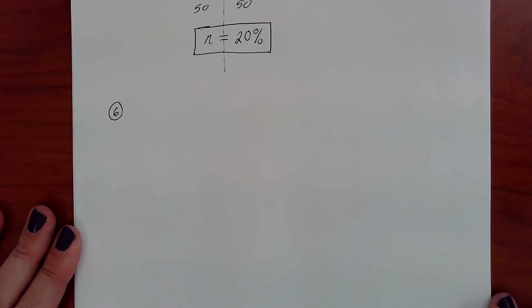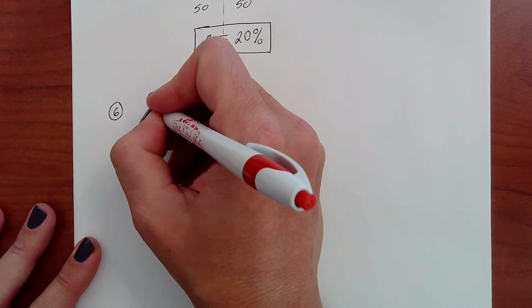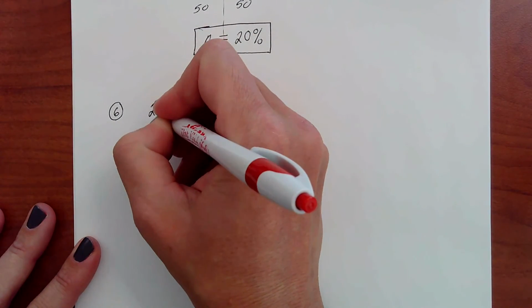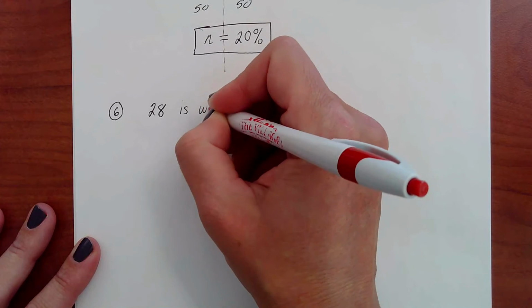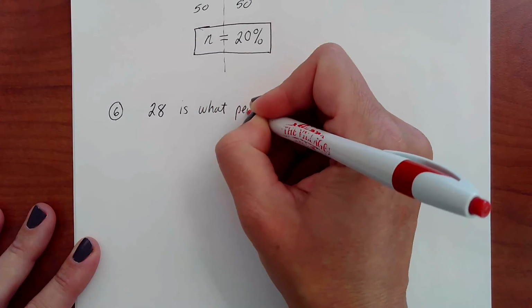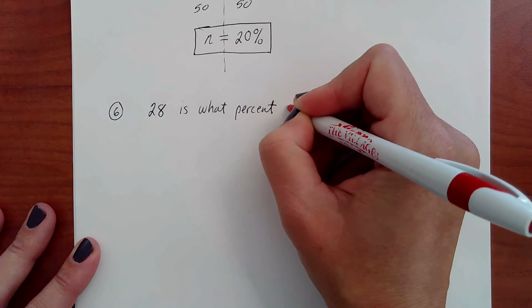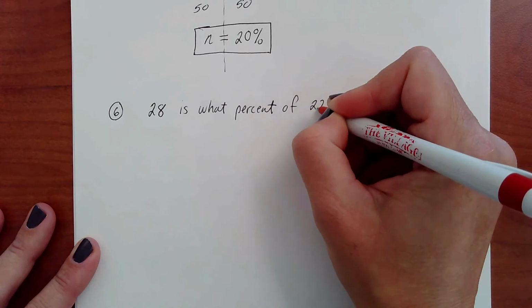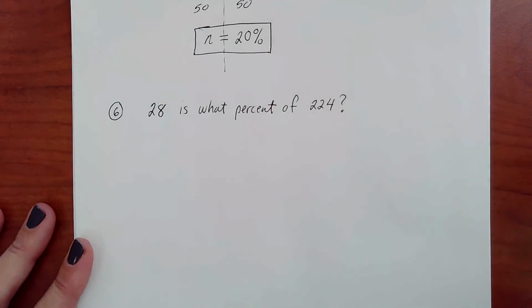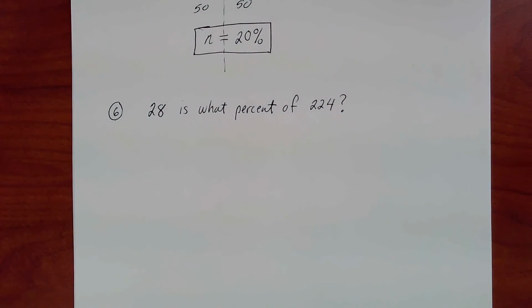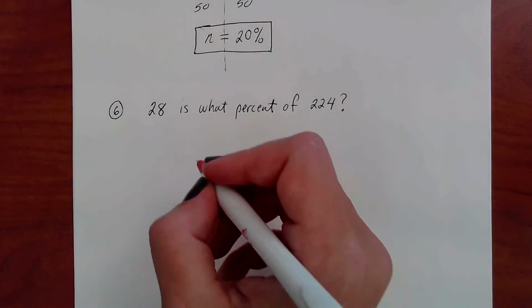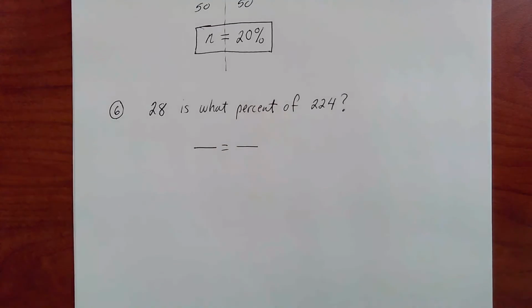Okie doke, last one, guys. Doing good. Let's say 28 is what percent of 224? See if you can set that one up. All right.